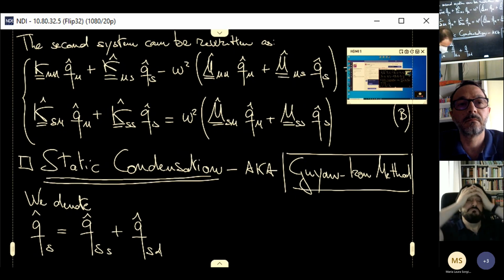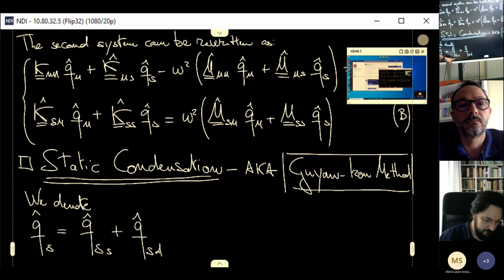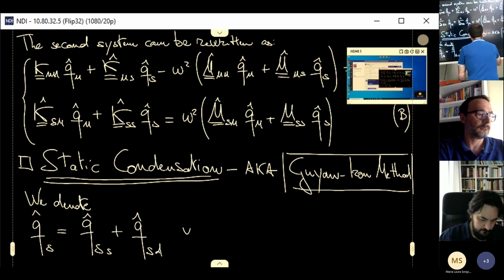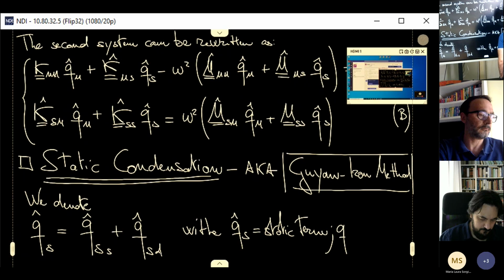Okay? So, as you can imagine, by definition, the static component is the part of Q_S which exists when the frequency is 0, right? So the static term Q_SS and Q_SD, the dynamic.